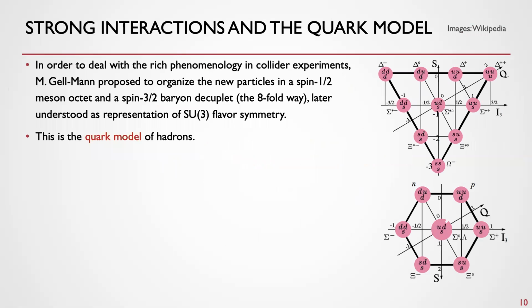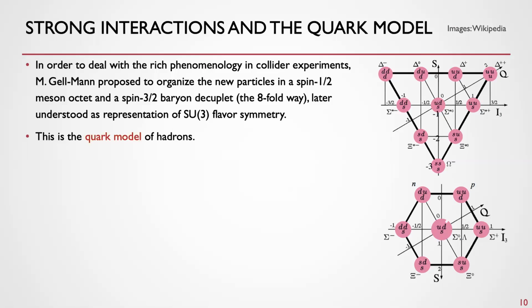Good, there was a teaser. Now we start with the work, and the work needs prerequisites. First is strong interactions and the quark model. In the 60s, after World War II, first colliders reached energy to produce hadrons in the GeV regime.